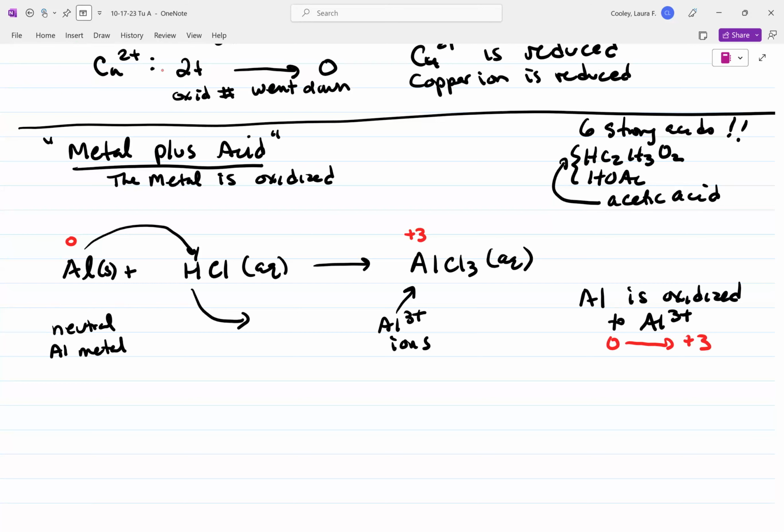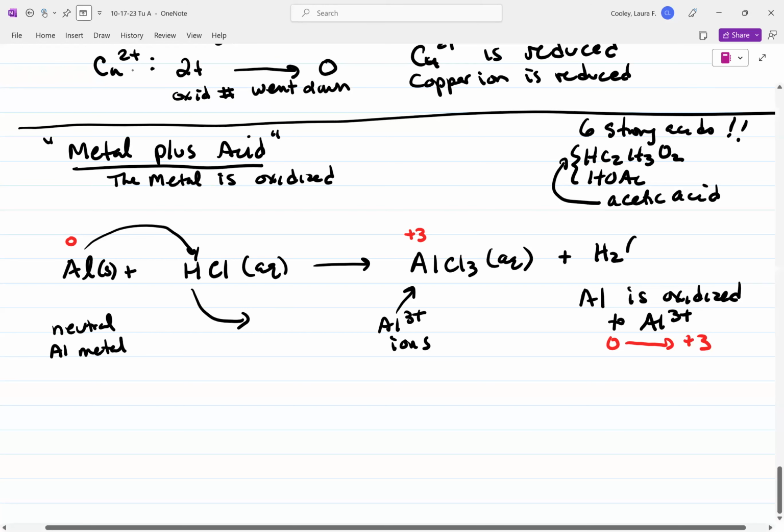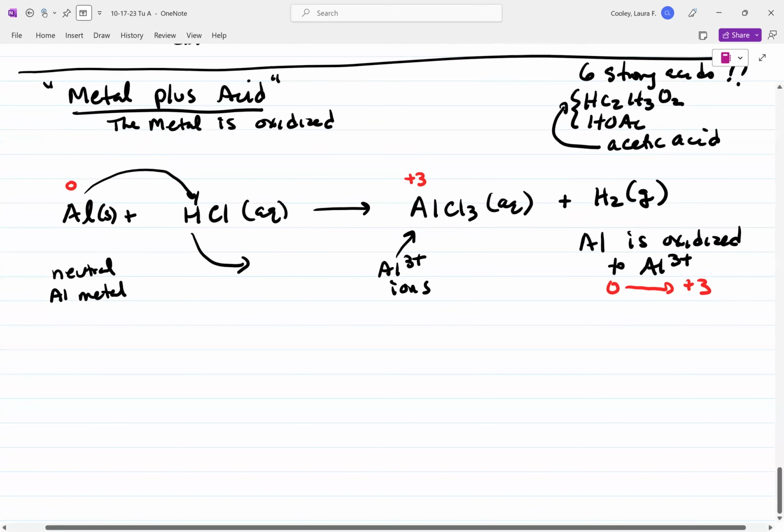But we know something has to be reduced when something is oxidized. Okay, and I also haven't given you all the products here. The other product is H2 gas. Okay, so look on the left. Now, when you put HCl in water, this is aqueous, right? So it's in water.